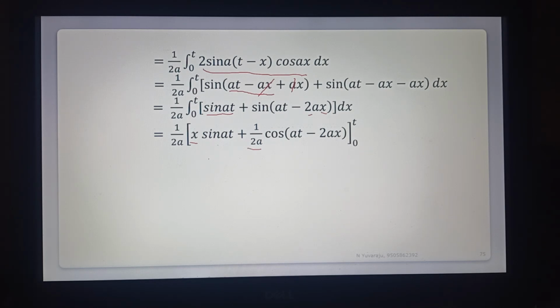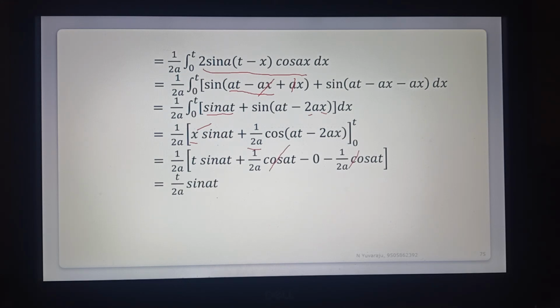Substituting the upper limit x equal to t, we get 1 by 2a into t sin at plus 1 by 2a into cos of (at minus 2at), and cos of minus at means cos at. For the lower limit x equal to 0, we get minus 1 by 2a into cos at. So the cos at cancels, and that is equal to t by 2a into sin at.